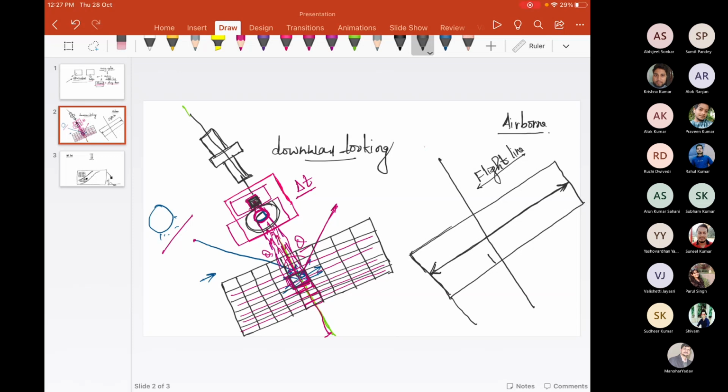Only along the flight line, the information of ground resolution cells is collected. Just see over here. The reason is that this is a downward looking sensor. If rotation is not provided, it is just looking below the trajectory. We call it nadir direction.